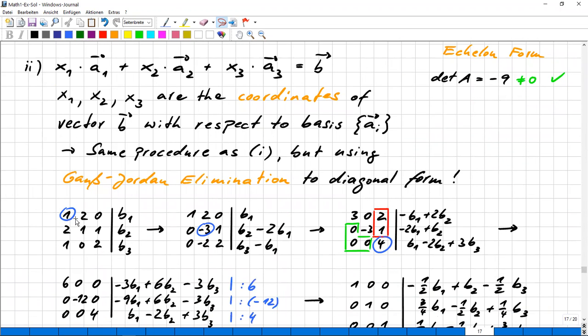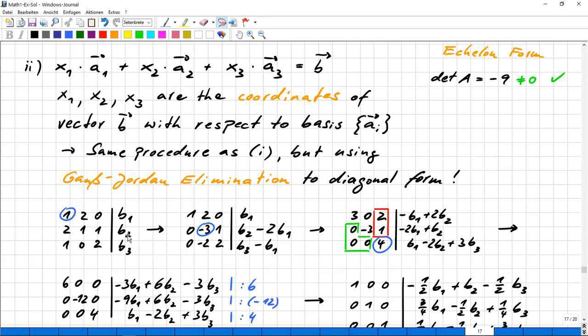You see why? I have to subtract 2 times the working line from this row. On this side, we don't have anything to do because we've already done it, but we must look here, okay? This is the working row, it stays as it is, but here I have to take this one minus 2 times this one.